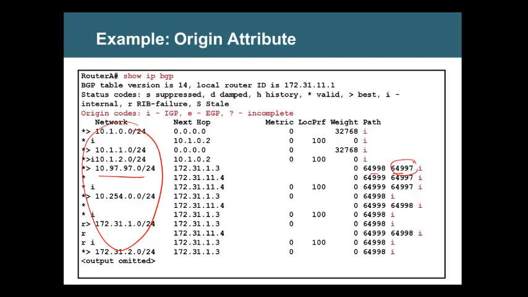This network is also on the same router. And origin, you see, I. What does that I mean? It is advertised, not redistributed. If it is question mark, then it is redistributed. Yeah? Okay. This is the autonomous system number.